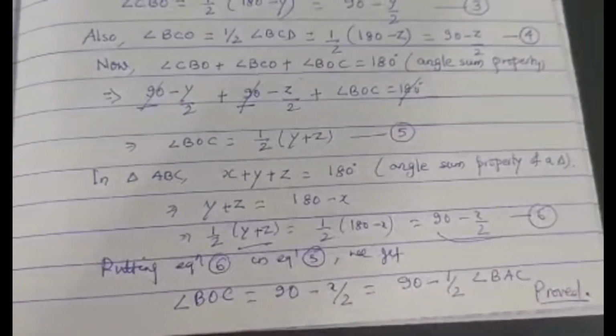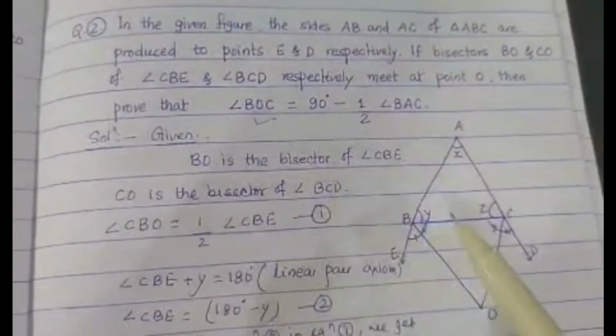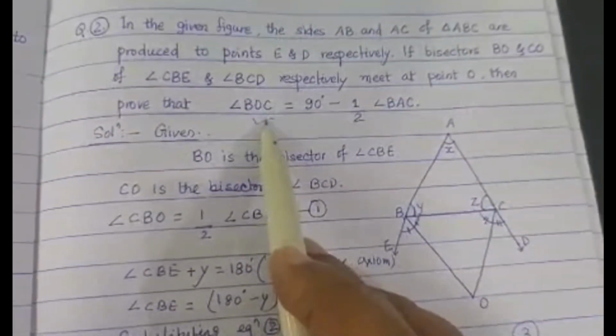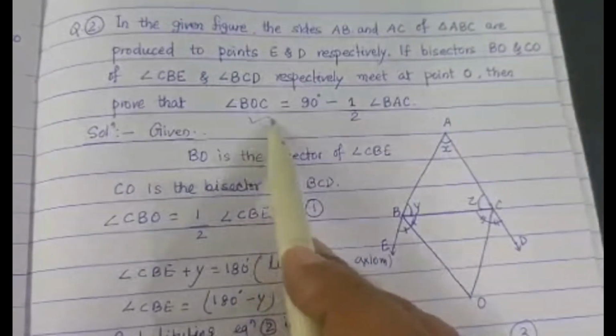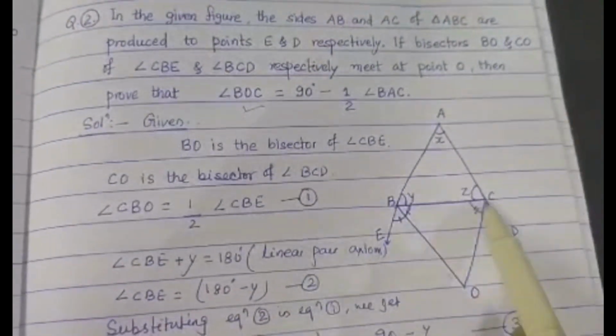So I hope everything is clear in this question. This is also a good question. First of all we have to target what are the things we have to calculate and what are the things we have to concentrate on. So here it was angle BOC, so we concentrated on this triangle.